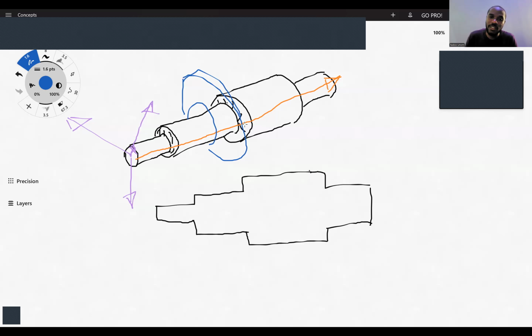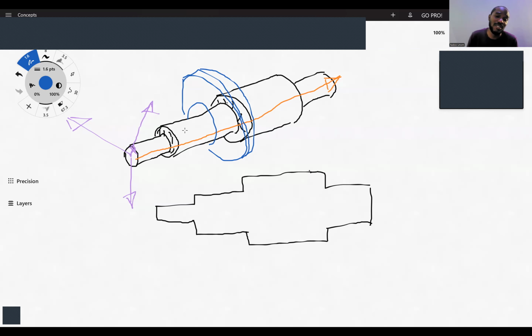What my shaft shoulder will do for me is to provide a stop. When I fit my gear into the shaft, if I want this gear to sit on this shaft, then the inner diameter of my gear should be very, very slightly bigger than the diameter of this shaft.